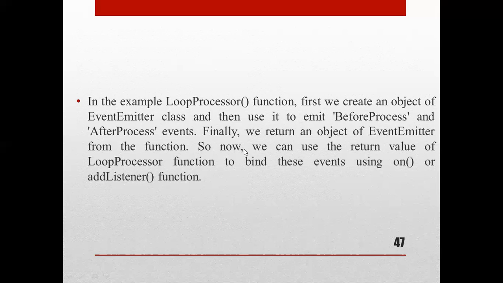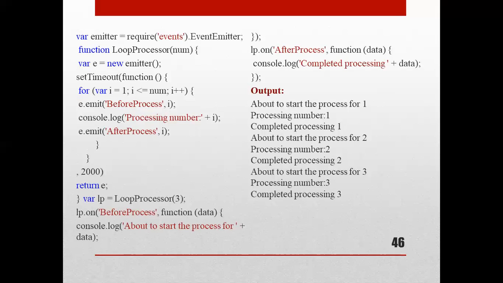So now we can use this return value of the loop processor function to bind these events using on and addListener functions. Here we have bound them using on. Before process and after process are the events, and these are the listeners.